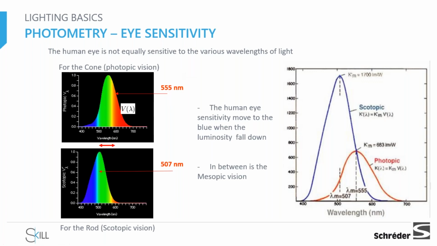If the light level is falling and we will be somewhere under 0.001 candela per meter square, we are shifting to scotopic vision, and the eye sensitivity will shift from the green yellowish to the green bluish area.